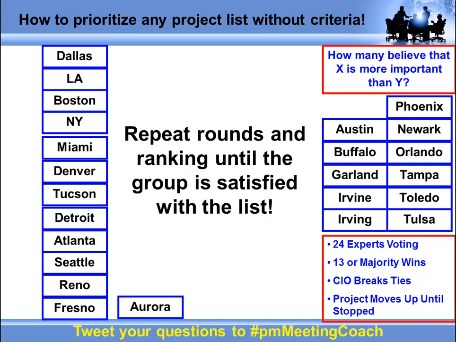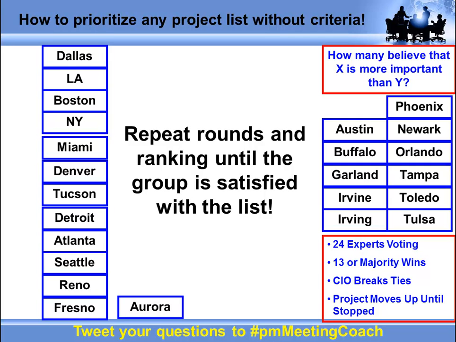So you remember before I told you, I don't care if I start with an initial list of 10, 50, 100, 1,000, or an infinite number. I don't really care because I know that these small groups are going to be breaking these lists down and giving me the items that they think are most important, right? So if you have a list that has 100 or 200 projects, what we have found is that the groups might only want to rank the top 20 or the top 30 or the top 50.